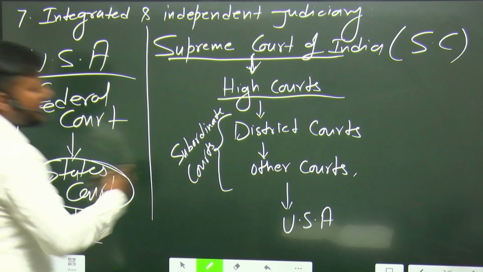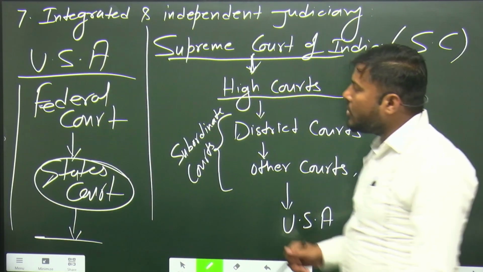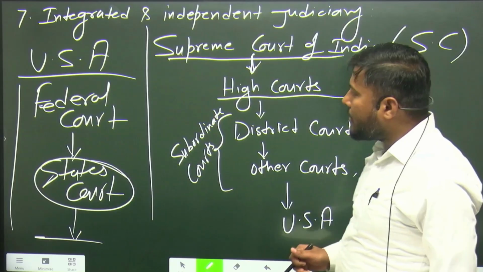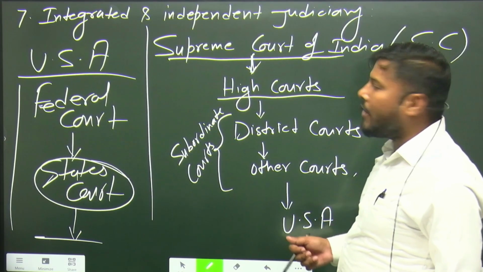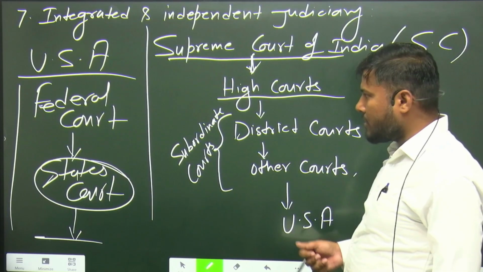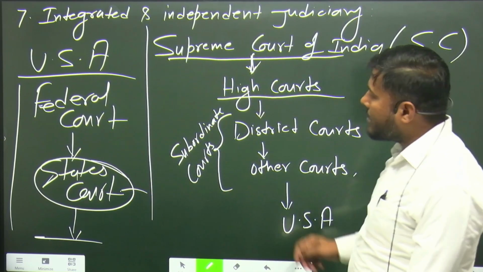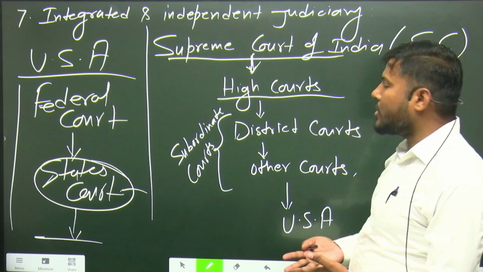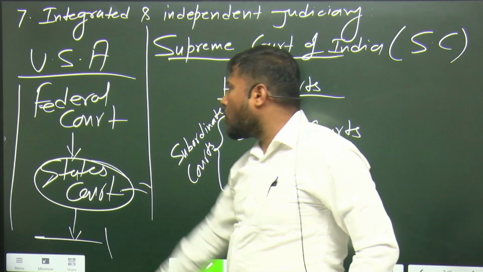So you see the difference between them. Federal court is there to ensure justice, to do the arbitration, or to entertain the cases which have federal ramifications, right? And the state courts are there to enforce state laws, right? The laws concerning state matters. The dedicated courts are there for the states, and other local courts are there.